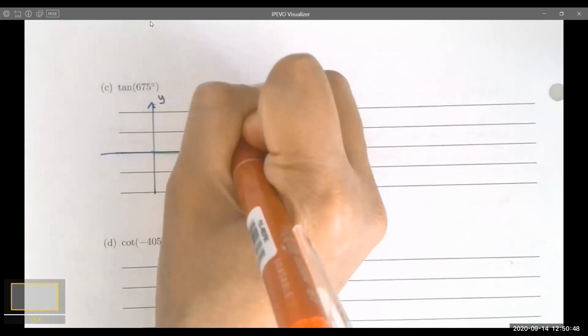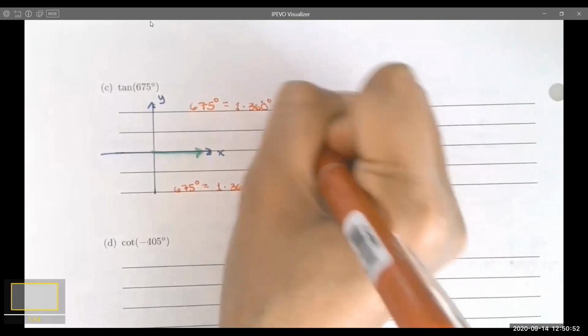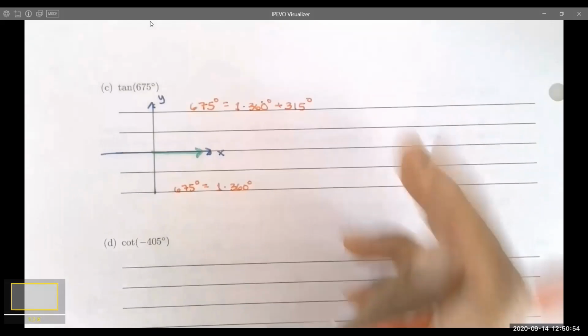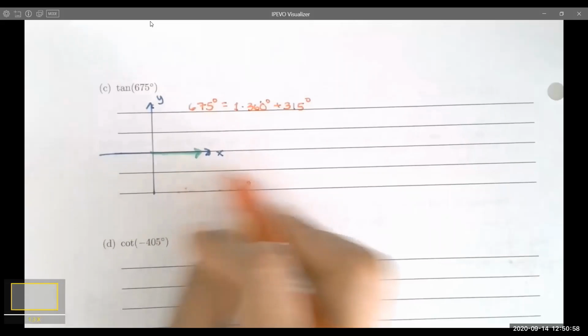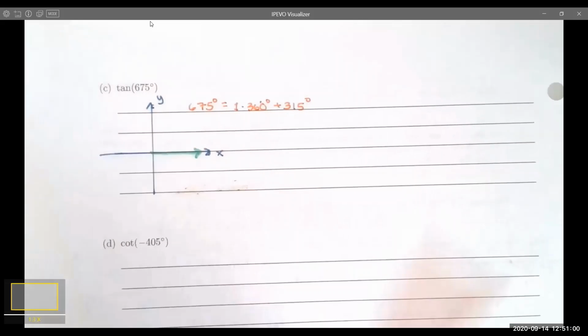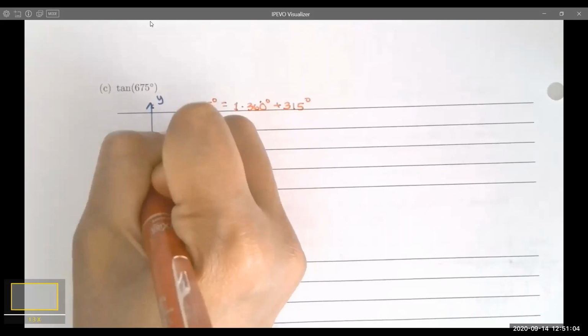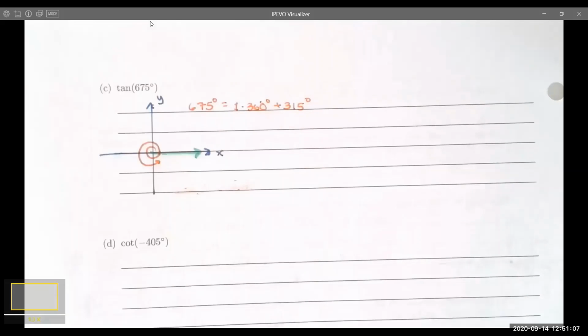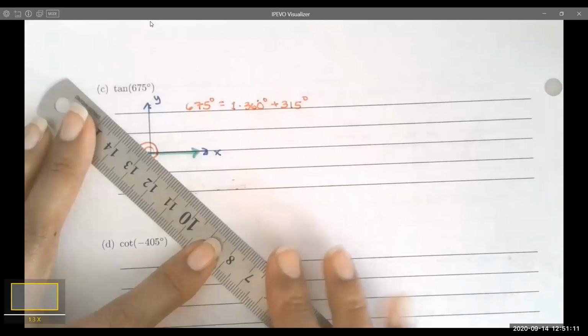So it's 1 times 360 plus 315. Right, so what that means is one full cycle, that's 360, and then we go around to 315, so that we terminate in quadrant number 4.